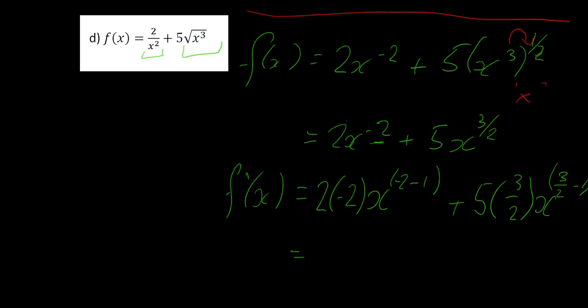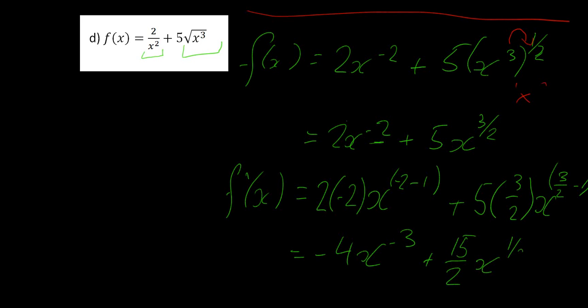Okay. Over here, 2 times negative 2 is 4. x to the power of negative 3. 5 times 3 on 2 gives us, wait, no, bad math, sorry, 15 on 2.